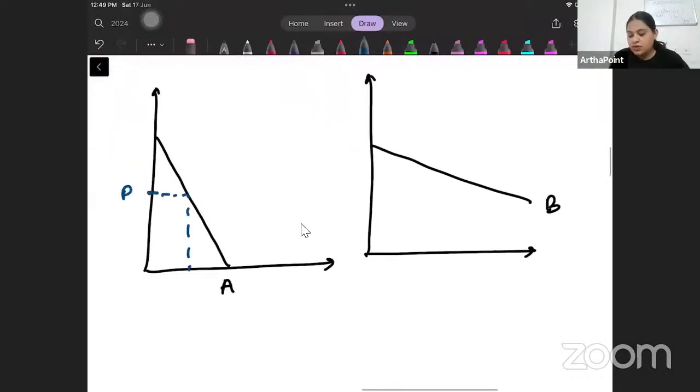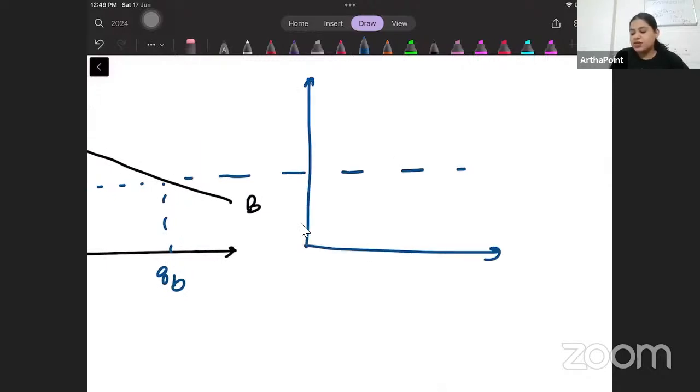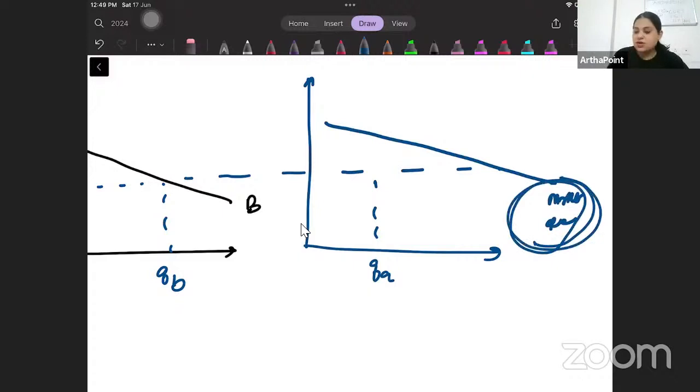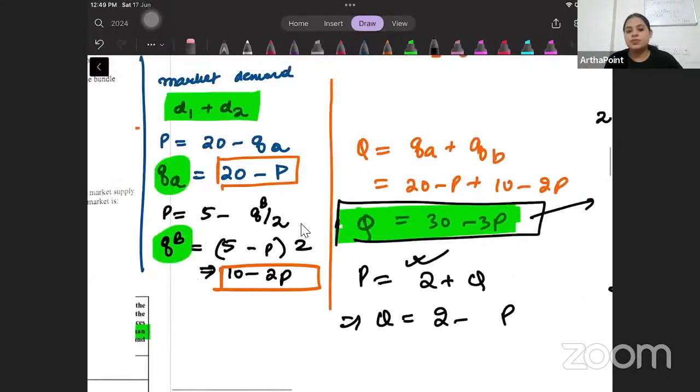And I will say, if this is the demand of A, at this price, this is the demand of B, then what is the market demand? So at the same price, this was A, add B to it. So maybe a very flat market demand. I have to find this to equate to the market supply curve. That's the process we are following. Okay.